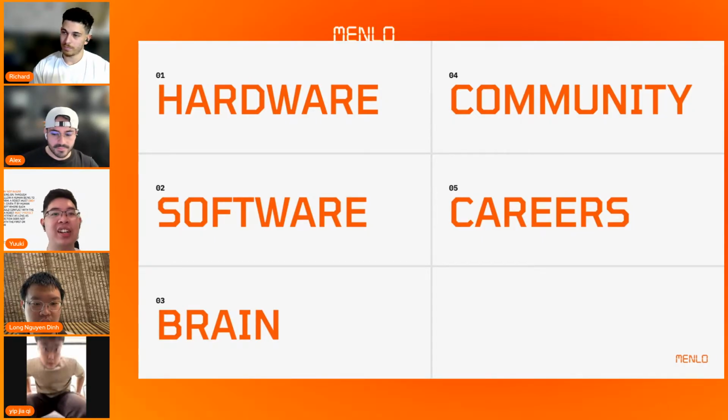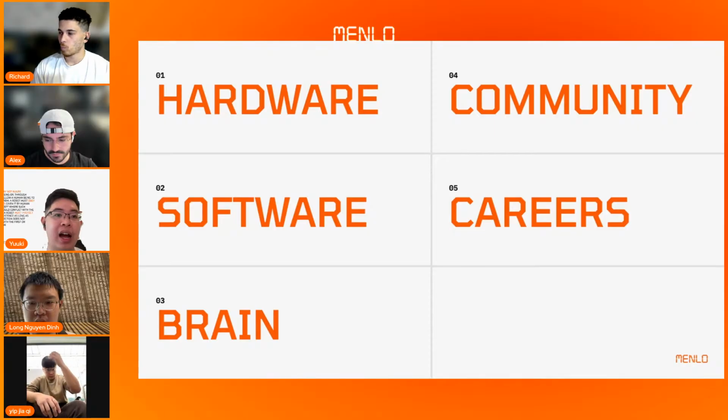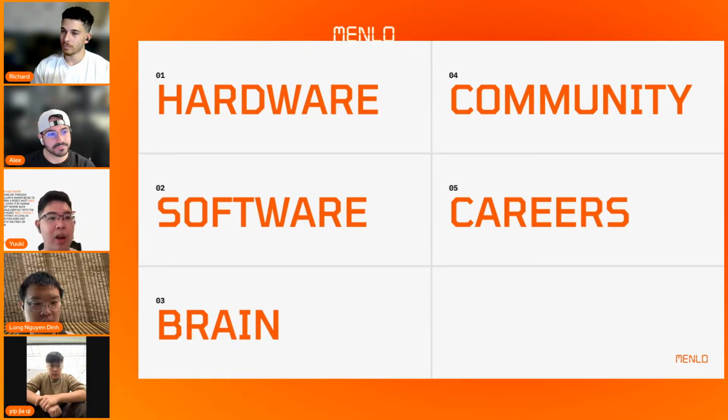For today, we have a full lineup from hardware, software, brains, community to career. We'll start out with hardware with a bit of an update on the manual from my side, then go on with Alejandro on the new design revision on Asimov 1. Then we move to software, where Long will talk about the new Asimov emulator. We're going to have an emulator now so that you can actually program your Asimov.